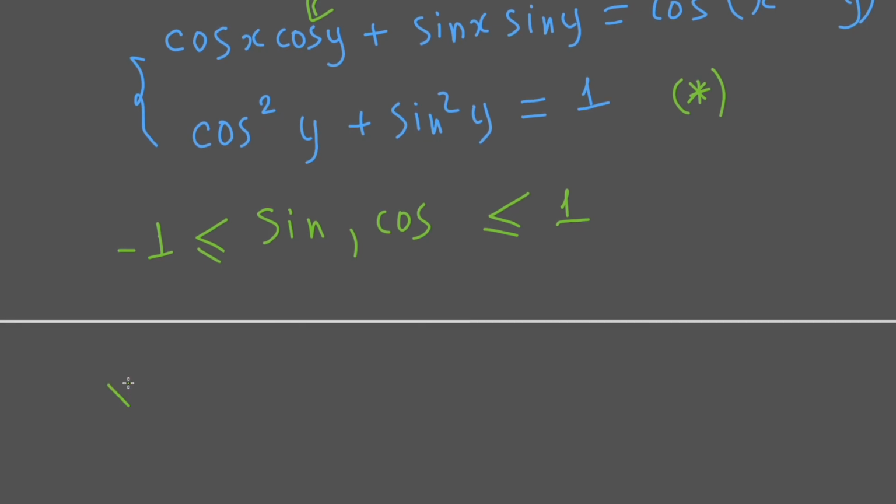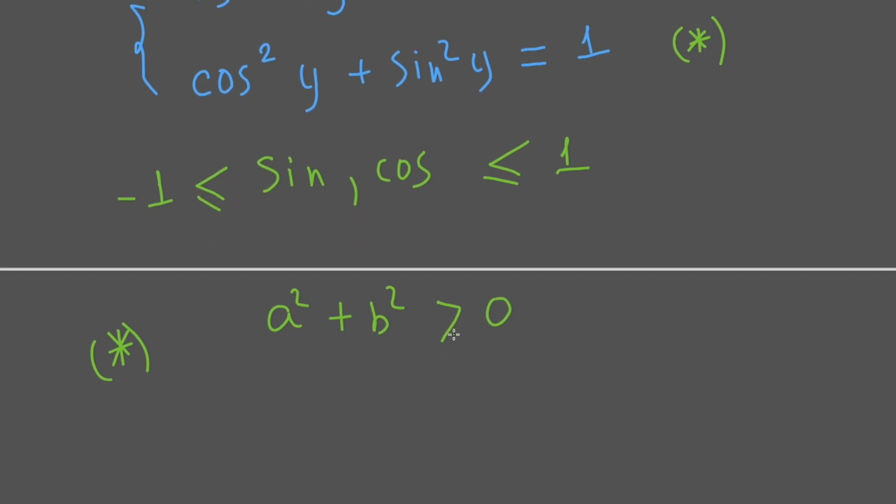From the asterisk, we can think about A square plus B square, and this is greater than 0 because of the condition at the beginning that A and B are non-zero numbers.